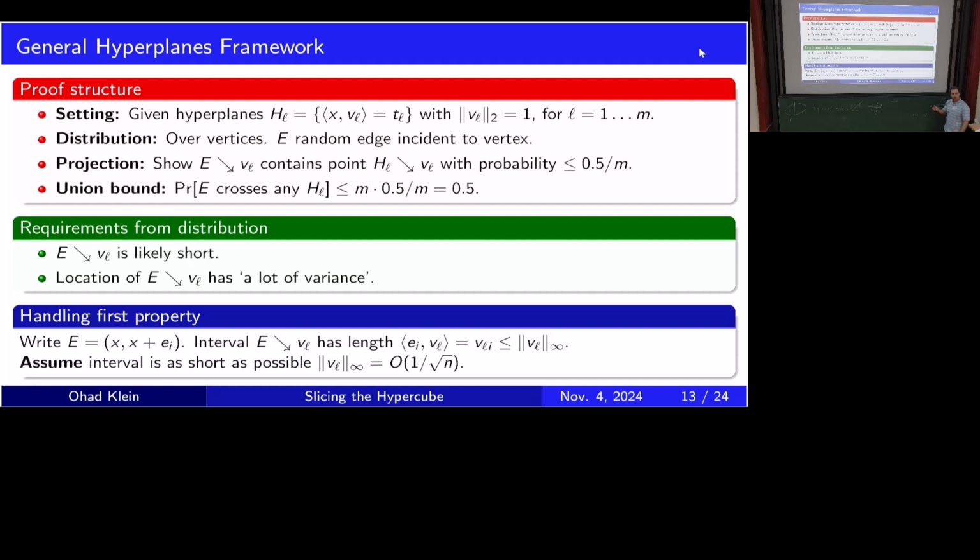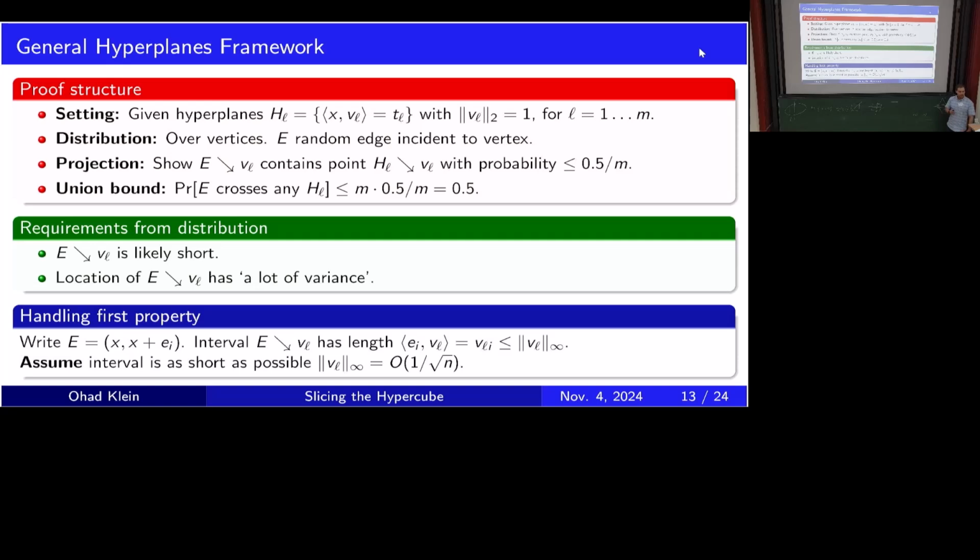Are the v's random, or are you doing a distribution? No, they are not random, but just for the presentation, I'm going to assume this genericity assumption, but we'll see later how to remove it. But there are probably some logs in the generic case. Yes. That's just 1 over root n, right? But you want 1 over n.